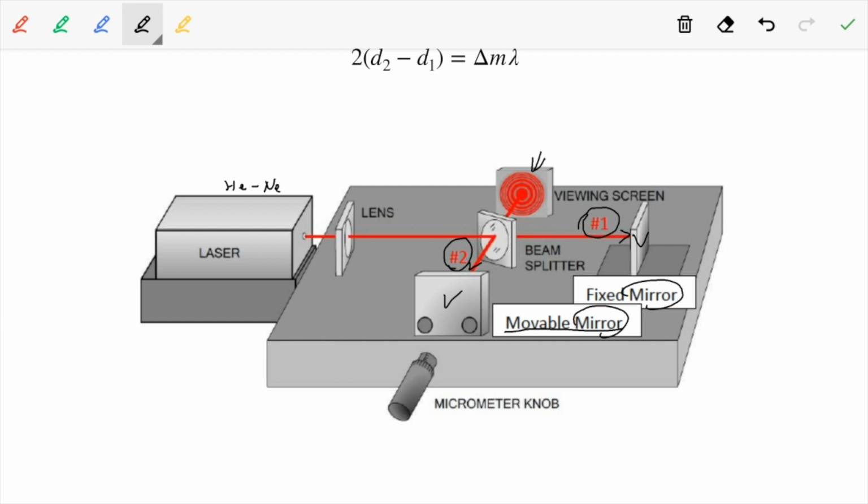For this machine, we finally get an interference pattern at the viewing screen. That's the point. On the viewing screen, we call it the interference pattern.